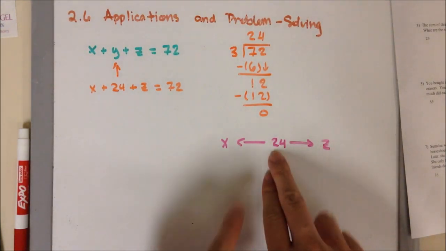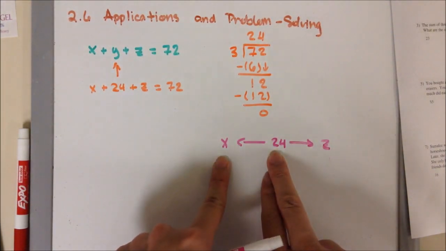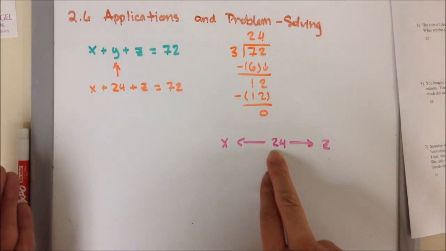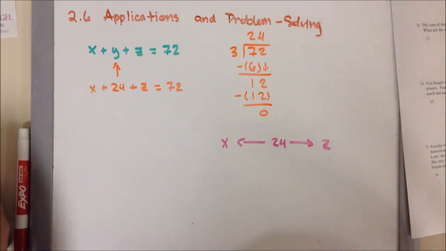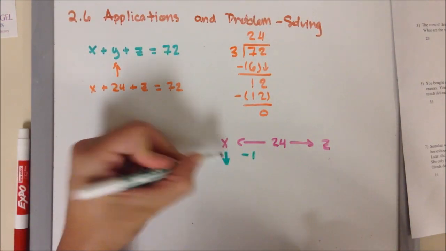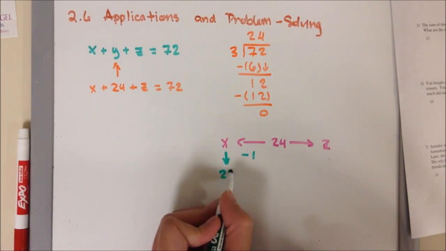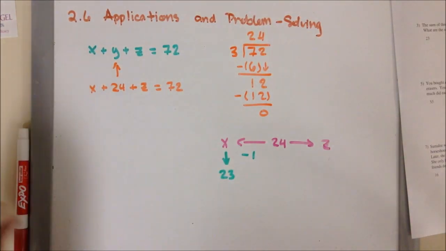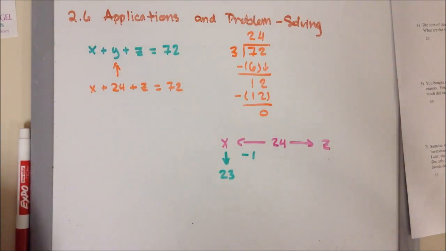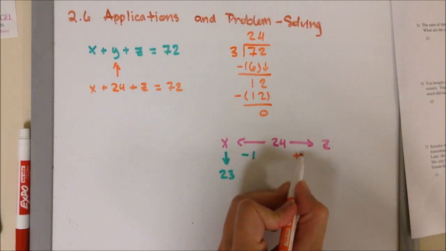In order to find my x value, which is the smaller value and it's right next to 24, I'm just going to subtract 1. So therefore, x is 23. If my z value is next to 24 but higher, then I'm going to add 1.